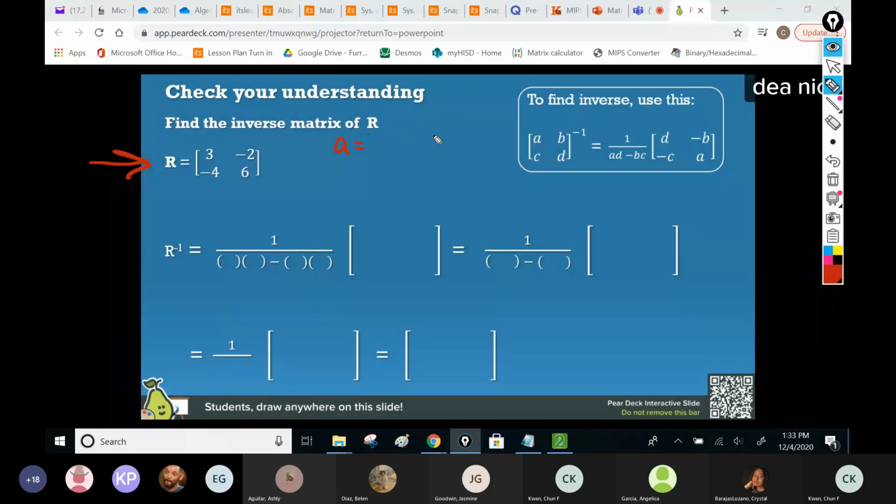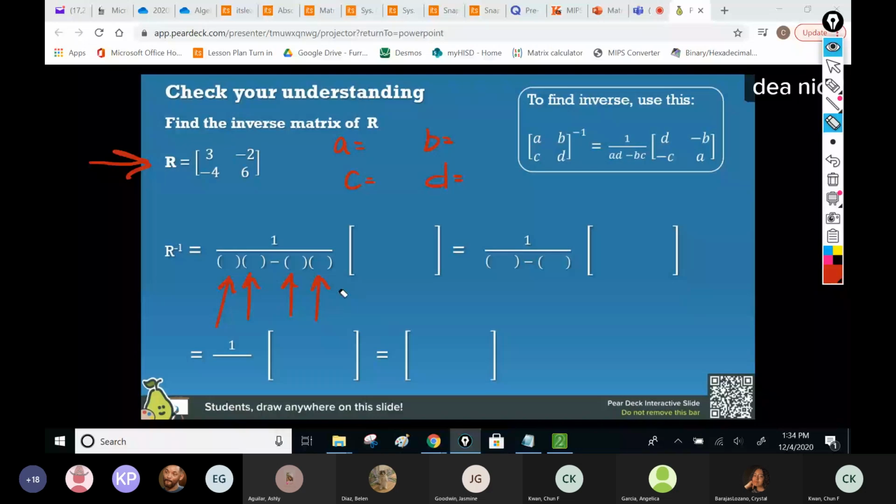Figure out what's A, and then B, and then C, and D, and then plug in the numbers. Be careful of the matrix right here on the right because the order is all scrambled, not the same order. Be careful on that. The final answer of this is really out there, decimal or fraction.